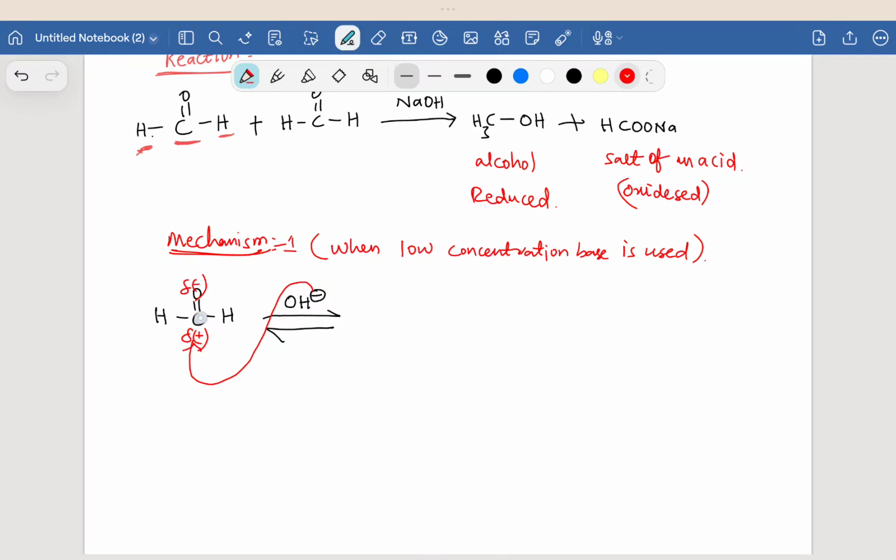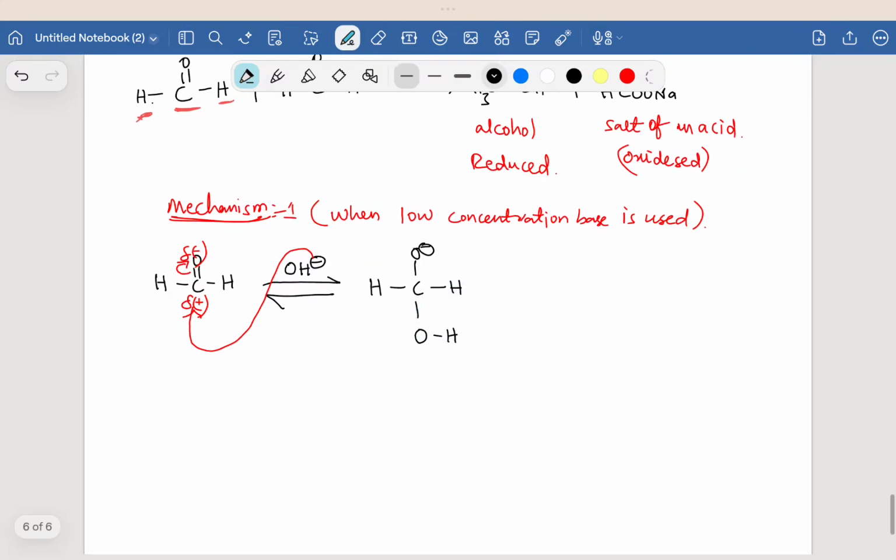When it attacks, the C double bond O bond cleaves and the electrons move to oxygen. At that time we get HCO minus, then H, then OH. Now this OH is attached to that carbon atom.